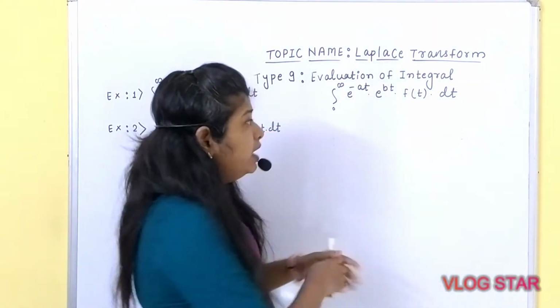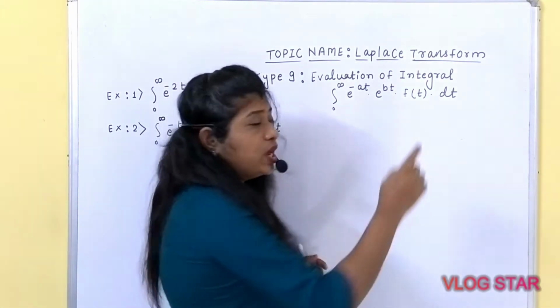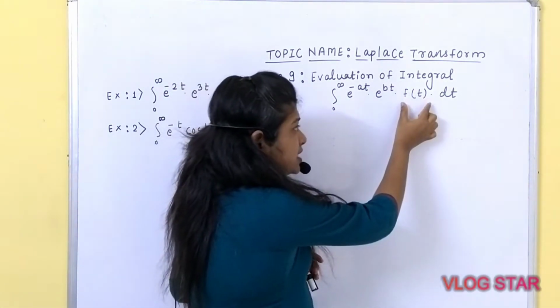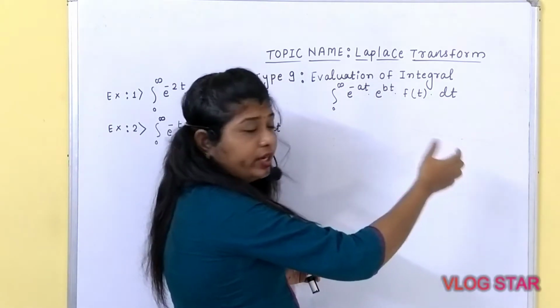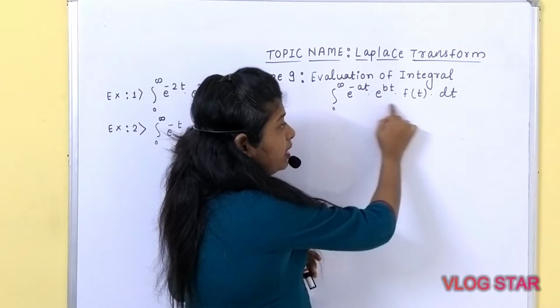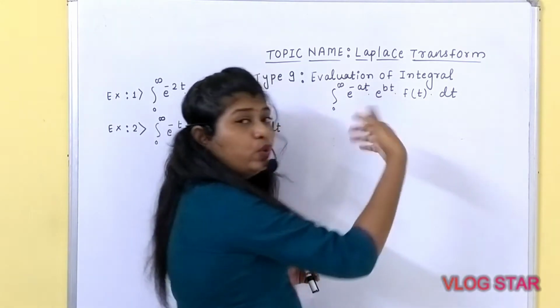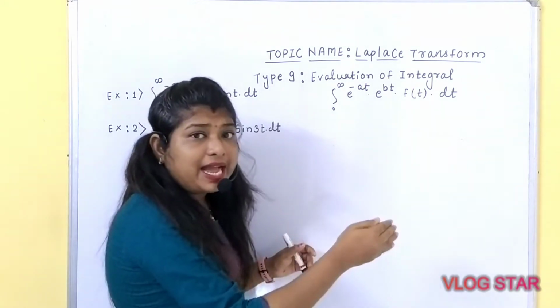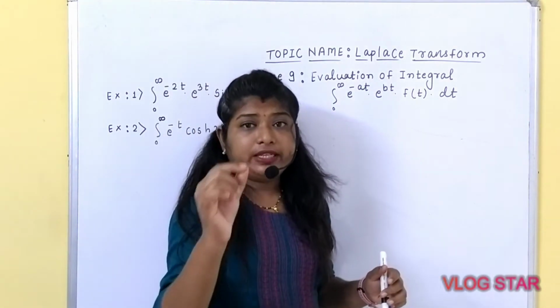Similarly, if you observe carefully, as I told you, first you have to take the Laplace transform of f of t. The second procedure is what? You have to take the Laplace transform of e raised to bt into f of t. It means that simply you need to apply the first shifting theorem.